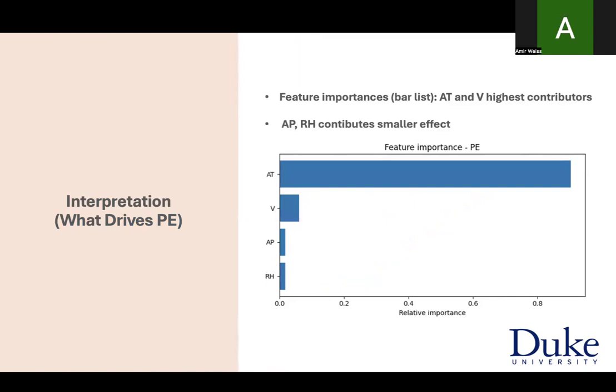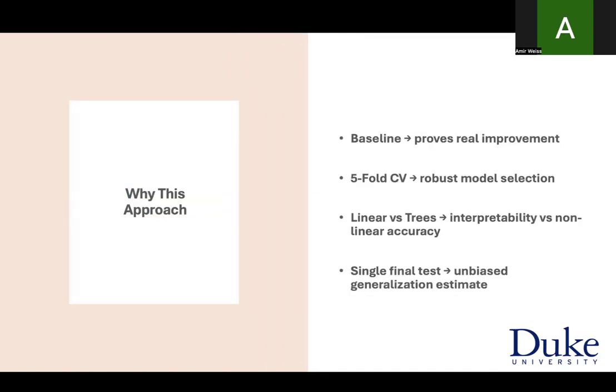And for the interpretation, I looked at feature importance. Ambient temperature, AT, and exhaust vacuum are the dominant drivers here, with pressure, AP, and humidity, RH, contributing smaller but still meaningful effects.